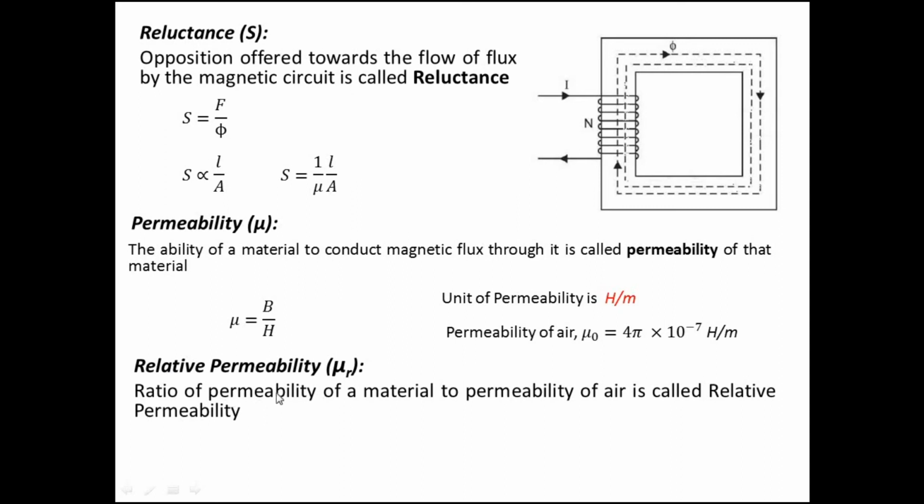Next is relative permeability. The ratio of permeability of a material to permeability of air is called relative permeability. If mu is the permeability of a material and mu 0 is the permeability of air, we can define mu r equal to mu divided by mu 0. Since it is a ratio, it is unitless.